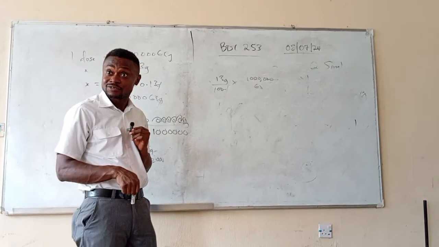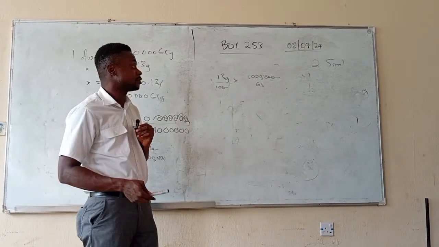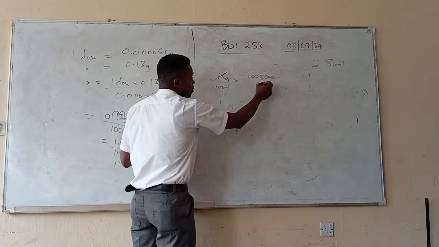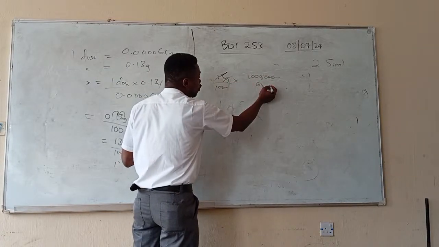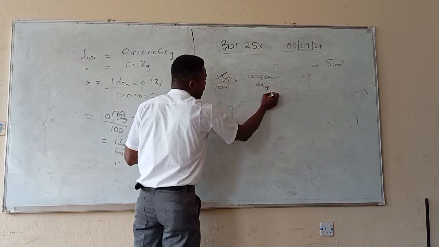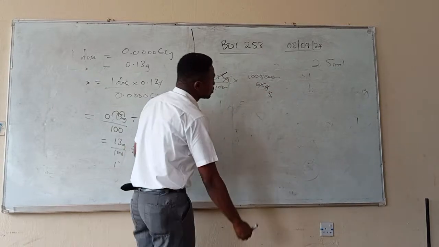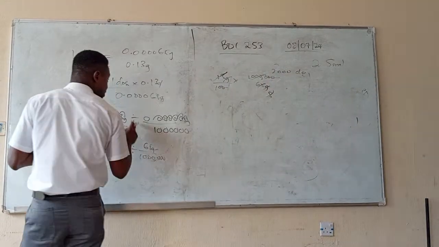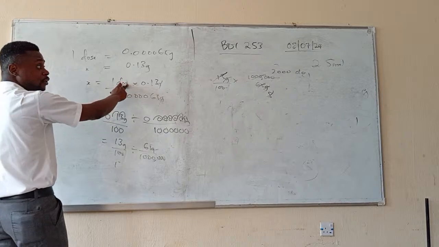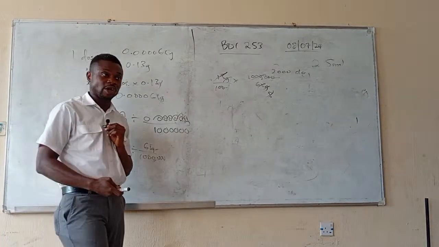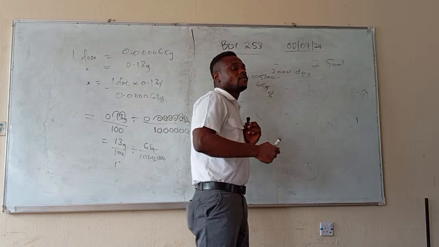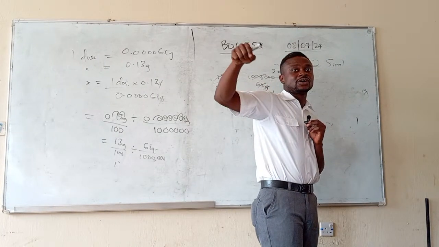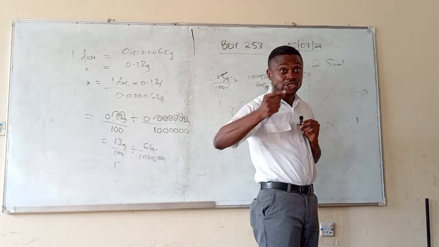This level is what? This value is 5, right? 5 divided into 10,000 is 2,000. So we have 2,000. Remember we have doses here, so multiplied by 1 dose, we have 2,000 doses. So 2,000 doses of 0.00065 gram of the drug can be obtained from 0.13 gram of the drug. Simple. Thank you.